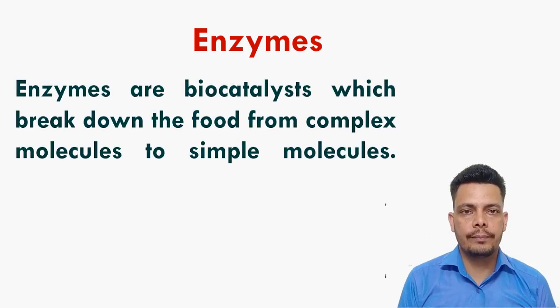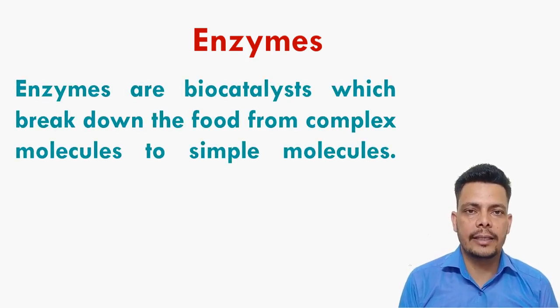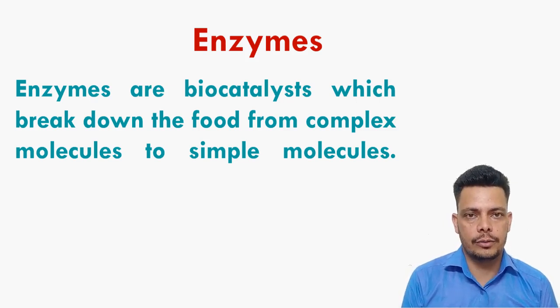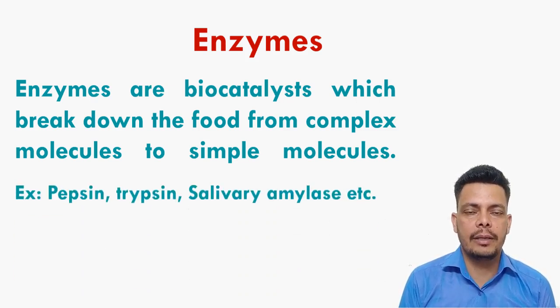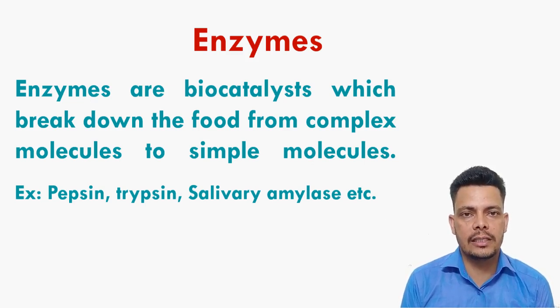So here is the definition: enzymes are biocatalysts which break down food from complex molecules to simpler forms. Examples can be pepsin, trypsin, salivary amylase, etc. So you are clear about the digestive process and the enzymes.